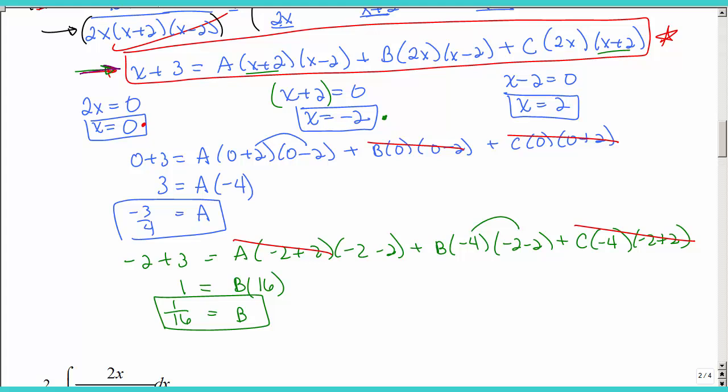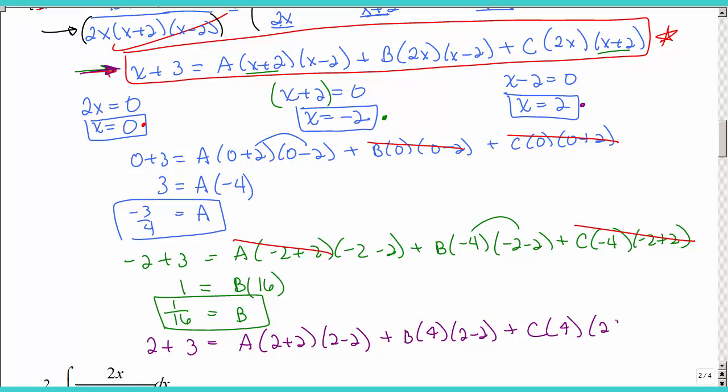So my last thing to solve for is c. And again, going back up here, I'm going to put in a positive 2 everywhere. So I have 2 plus 3, and again, since that factor came from x minus 2, everywhere there is an x minus 2, that's of course 0.